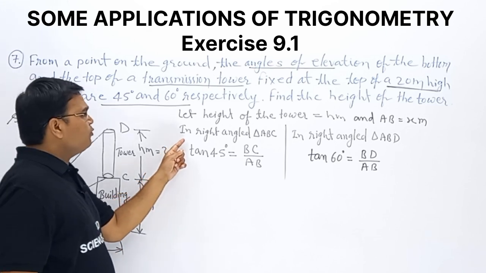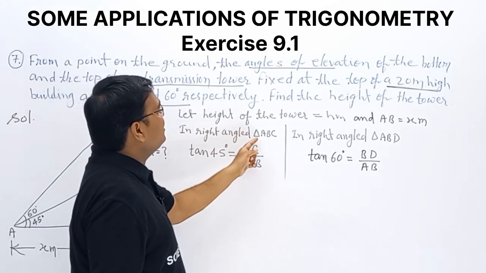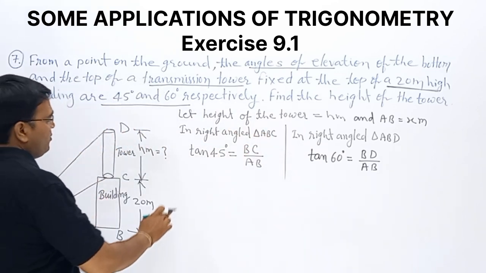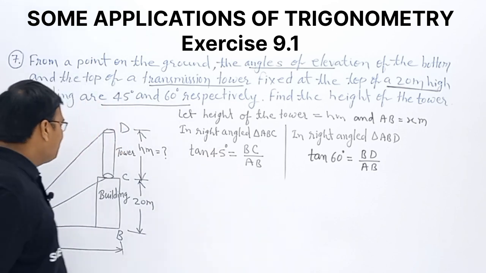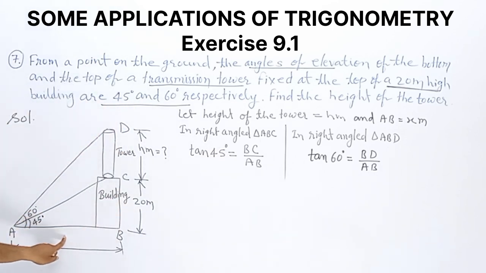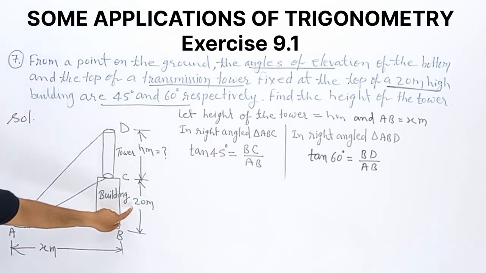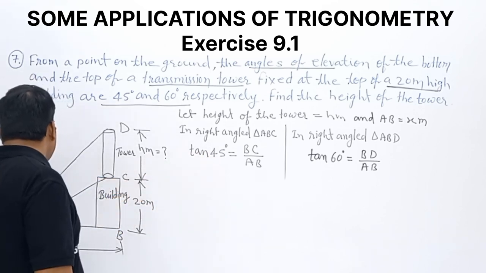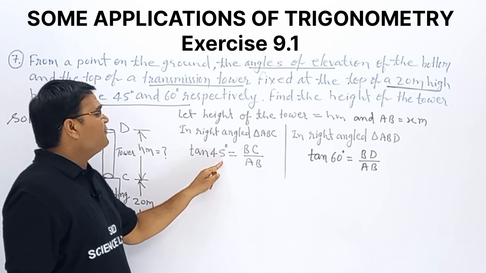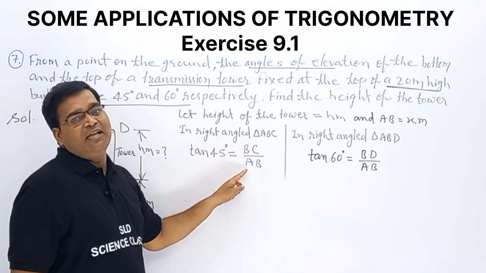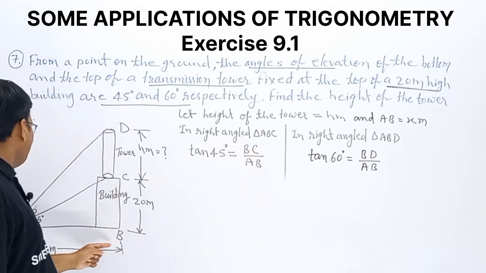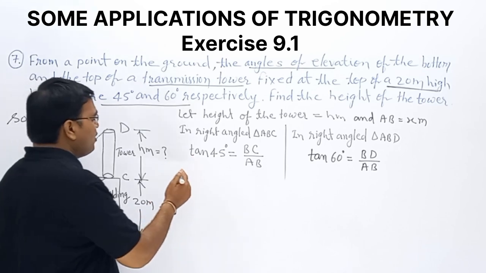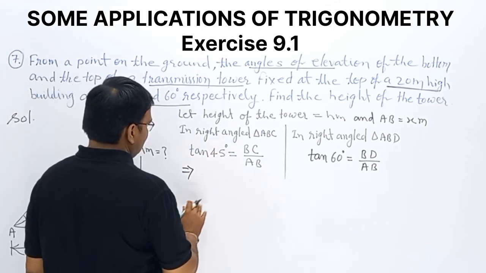So in right angled triangle ABC, we will use tangent theta, because we have the perpendicular and we require the base. Theta is 45, so tangent 45 is BC upon AB. BC is the perpendicular and AB is the base. Clear?